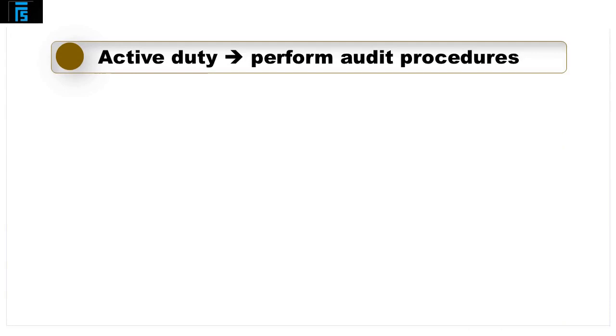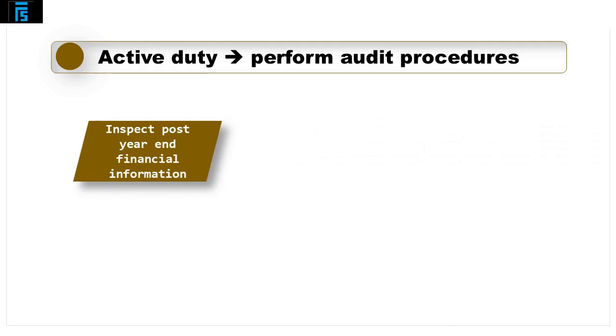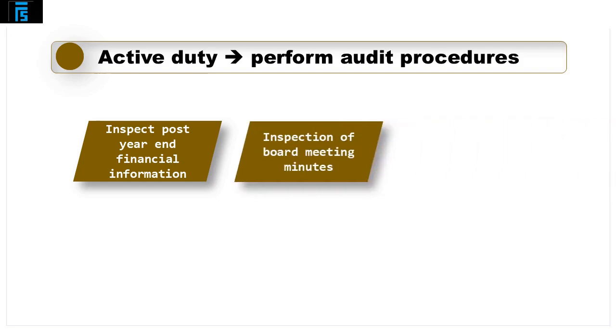Examples of typical audit procedures carried out are inspection of post-year-end financial information, for example management accounts. This may identify significant changes to performance that may need to be communicated to the users. Inspection of board minutes of meetings held since the year end.